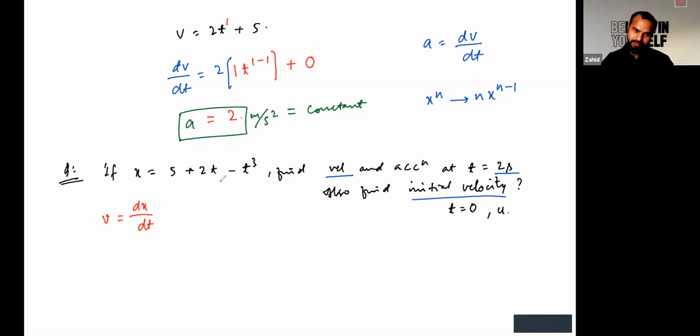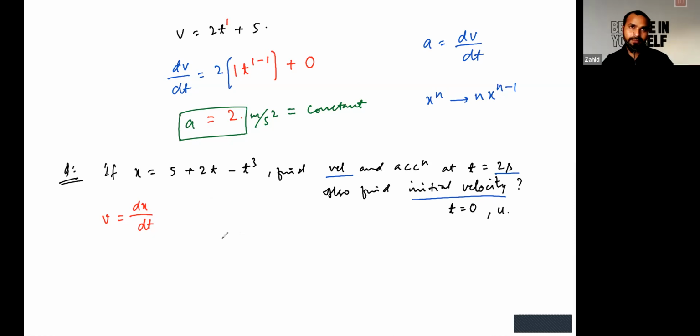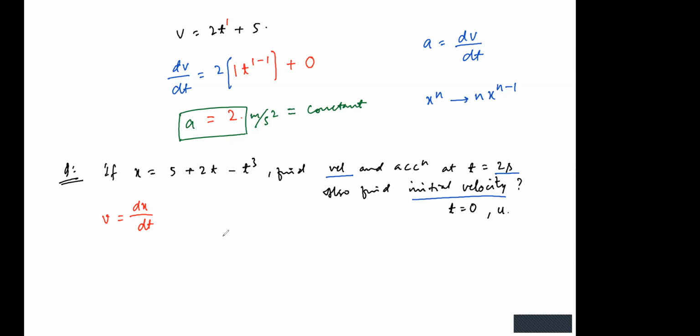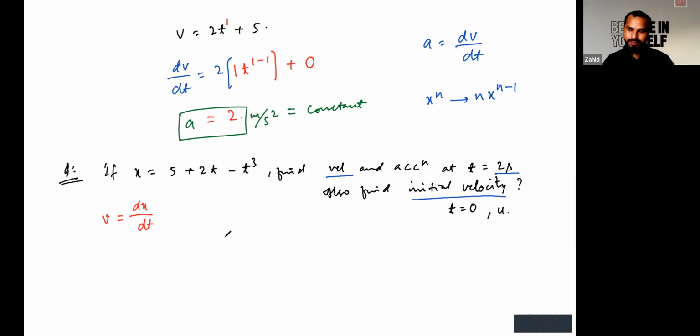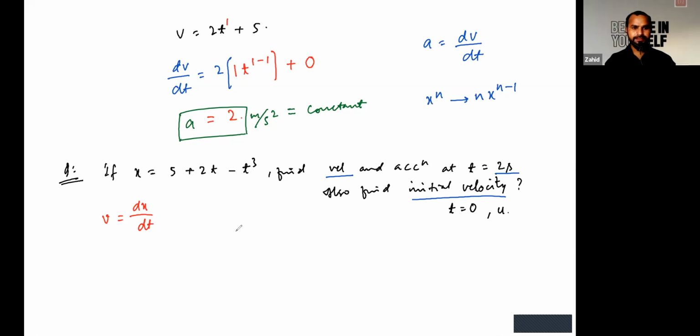Have you all differentiated this function? Or should I help you? Sir, answer 0. Is the velocity 0 at t equals 0 or at t equals 2 seconds? T equals 2 seconds. No, it won't be 0.